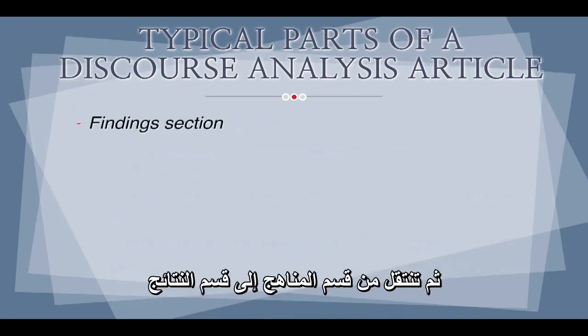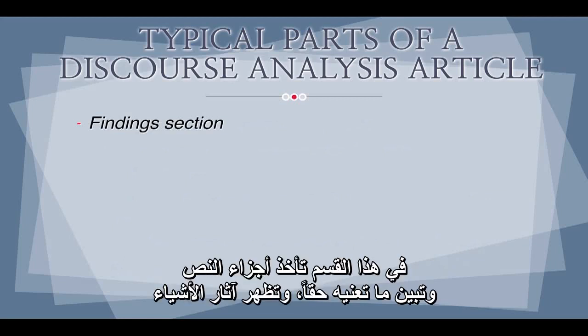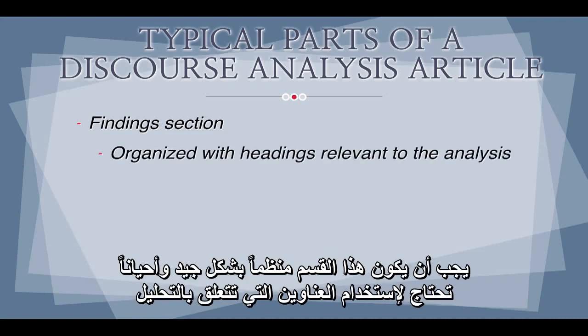Then moving on from methods to having a findings section. This is where you really take those pieces of language and show what they mean and show the implications of things. So a findings section really needs to be well organized, and oftentimes you'll want to use headings that are relevant to the analysis.